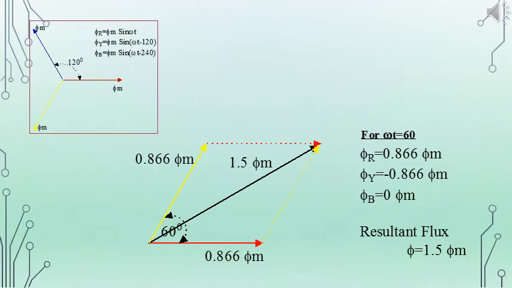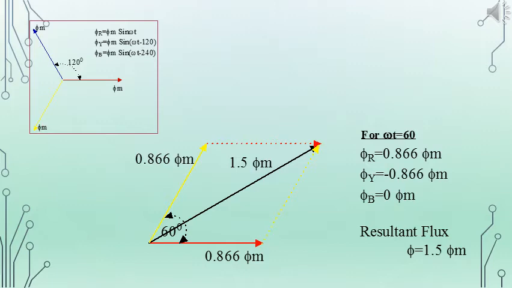Again we consider another instant, that is omega t equal to 60. We have the magnitude for phi r as 0.866 phi m, phi y as minus 0.866 phi m, and phi b is equal to 0, and the resultant is obtained and has a magnitude of 1.5 phi m.